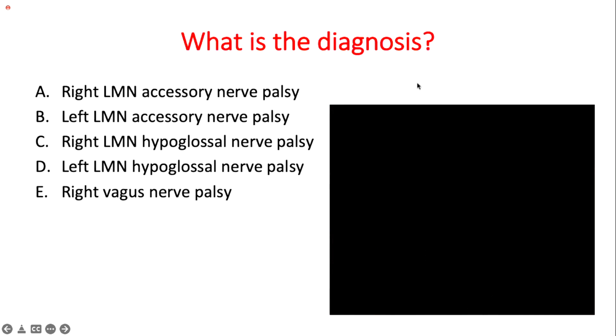Okay, so what is the diagnosis? Right-sided lower motor neuron hypoglossal palsy. Three people thought it was left. About 30% thought it was left lower motor neuron.